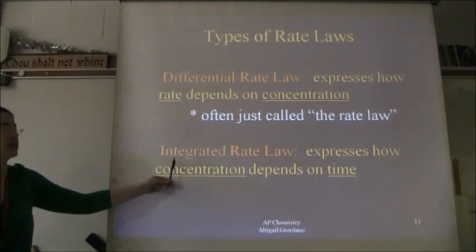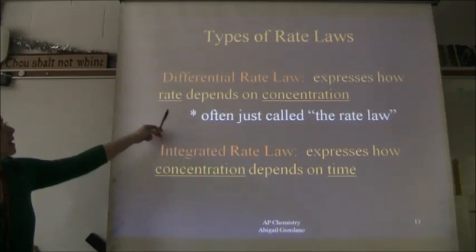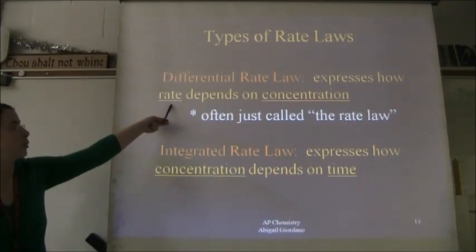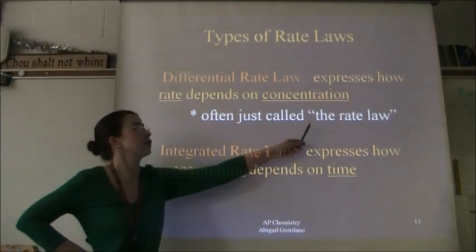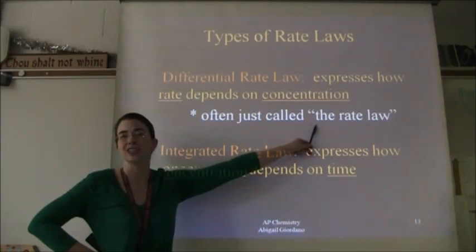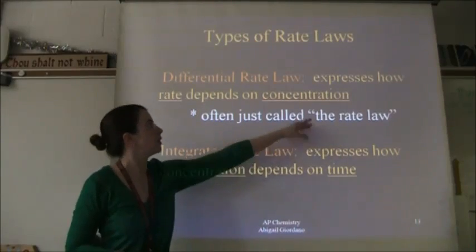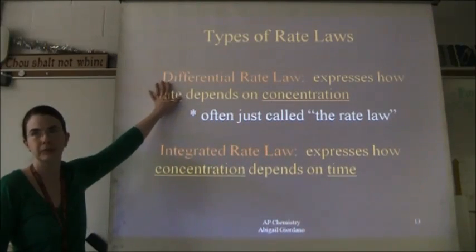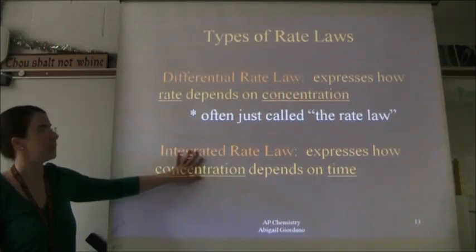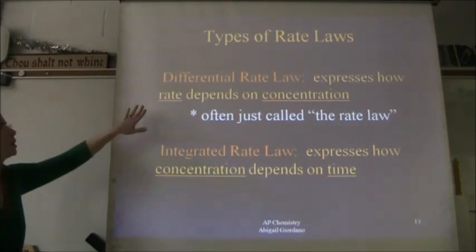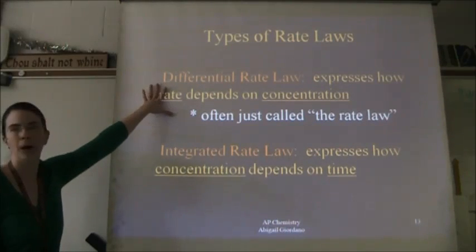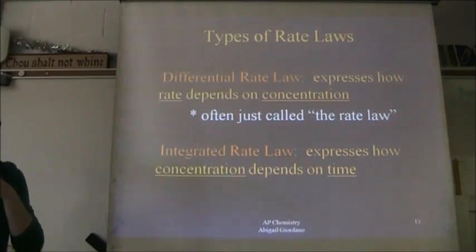We won't deal with this until class on Friday. This is the one we'll look at today. If you ever come across a problem that just says determine the rate law, they mean this first type, not this type. We're going to look at how we come up with a differential rate law.